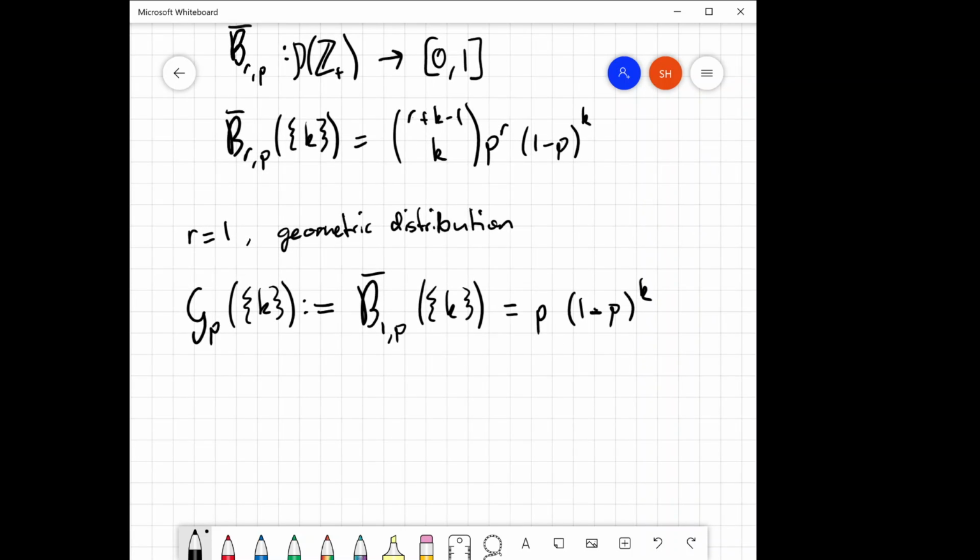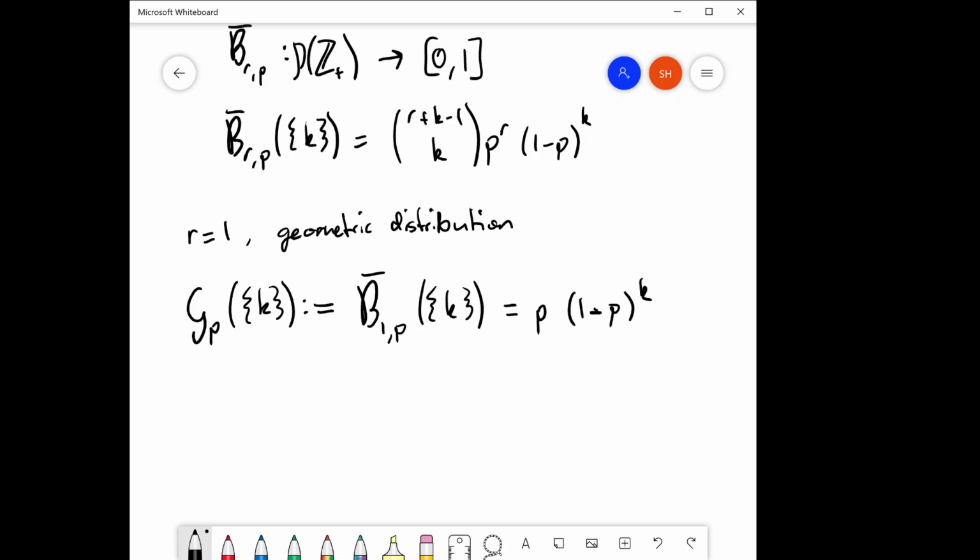You should be wary here that different sources consider success and failure differently, and this p and 1 minus p can change. So just note that this is the notation we're using for the course, but say Wikipedia and other sources may swap the p and the 1 minus p.